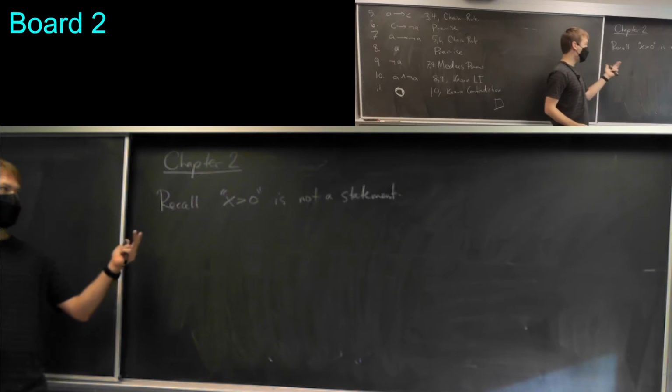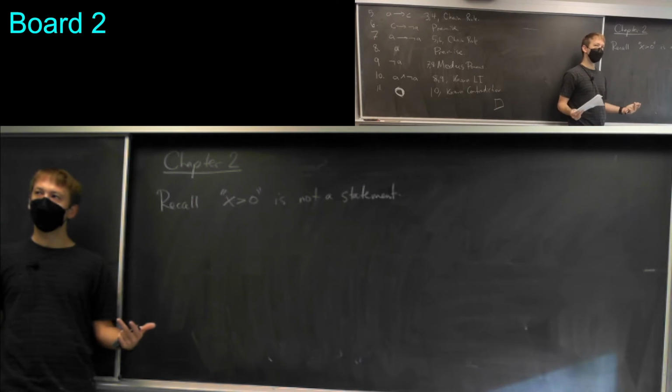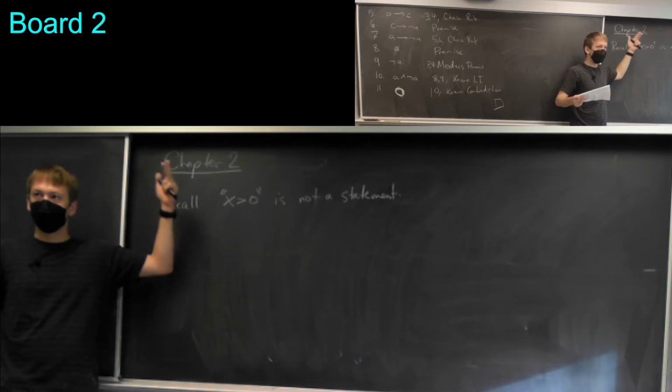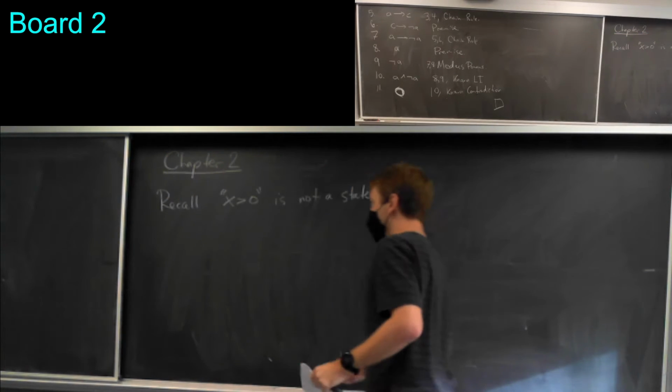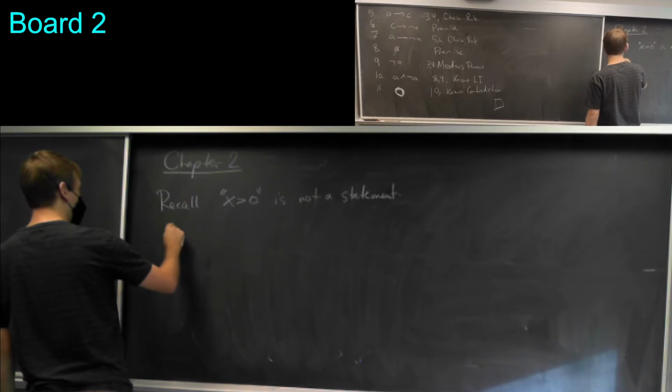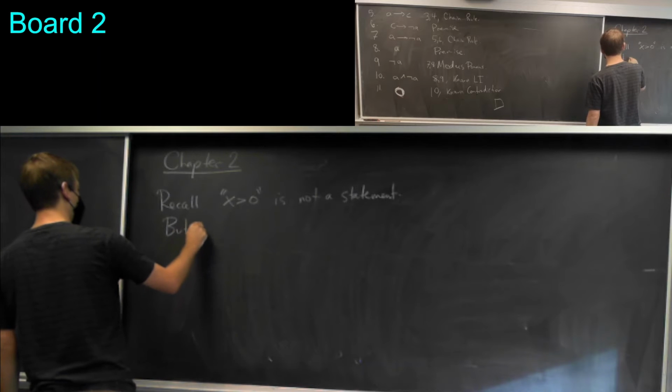So now what we're going to do is give a meaning to these kinds of things which are not statements. We're going to call these open statements. So I'll say this is not a statement, but it is an open statement.